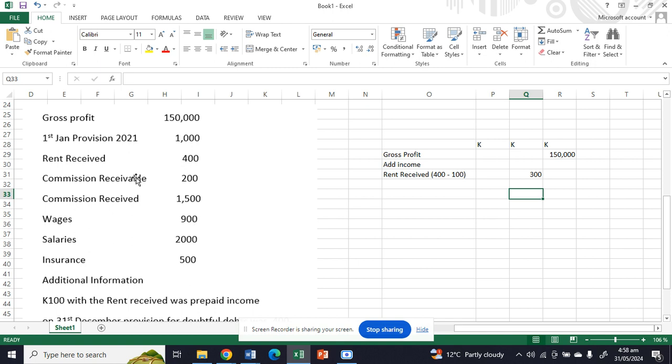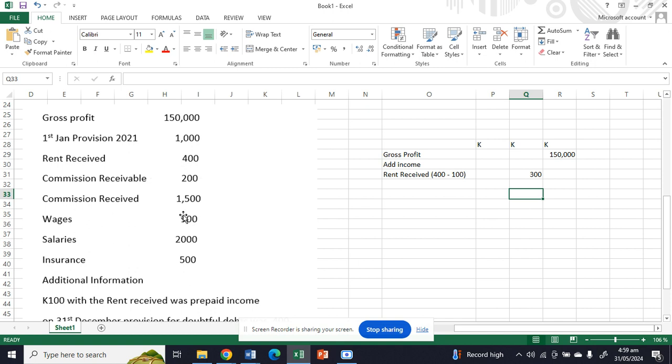So when you start doing the work, the first month passes. If you're not paid that 1,000, you record that as your income receivable. If the second month passes, you're still not paid, that income still keeps on growing. That's why we're calling it accrued income. If the third month passes, you're still not paid, your income is still growing. All right. So accrued income is treated like a current asset.